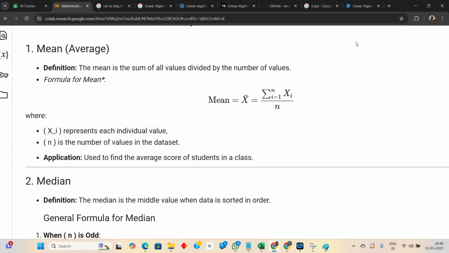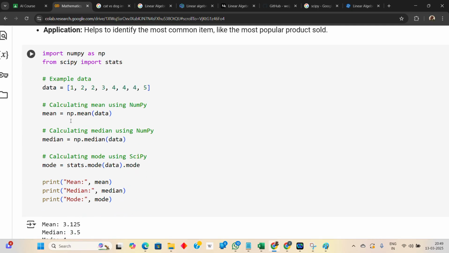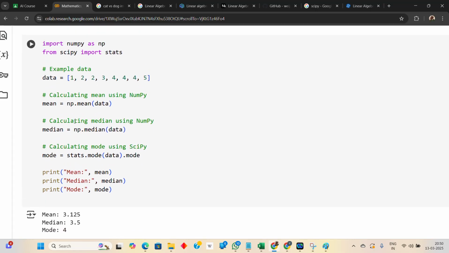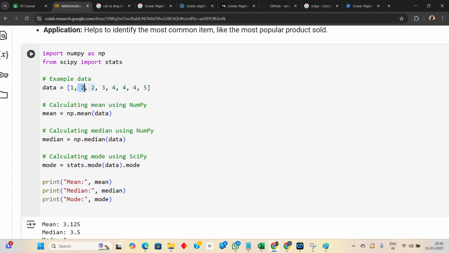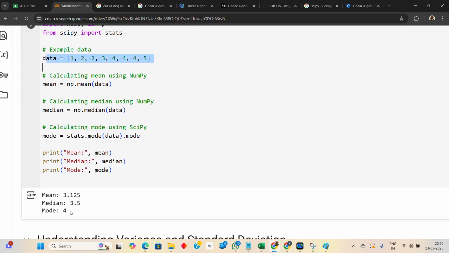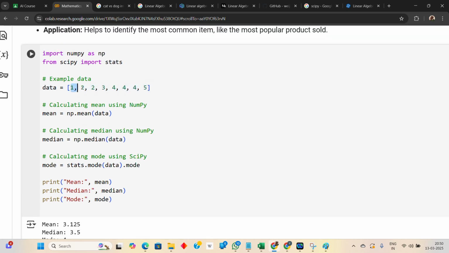Let me show you. If we go into the average, here you can see the mean. The data points are 1, 2, 2, 2, 2, 3, 4, 4, 4, 5. If we calculate the mean of this, you will get 3.125. You can see it is very close to every data point, isn't it? Of course, if you compare it with one, there is a difference of two.